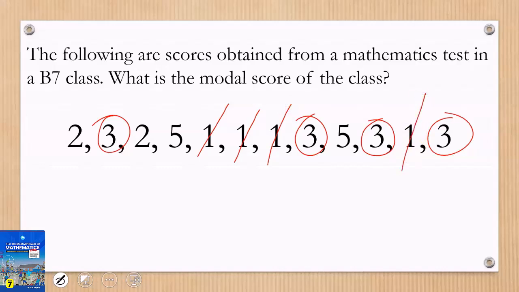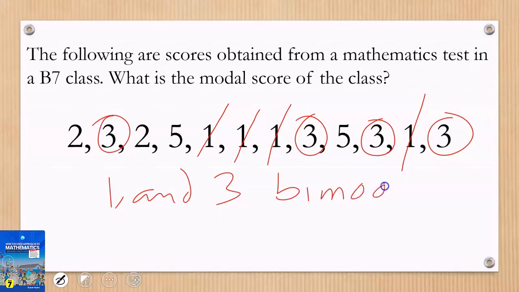I think these are the most, 4 and 4, right? So here, because there are 2 numbers that are occurring most frequently, our modal score will be 1 and 3.